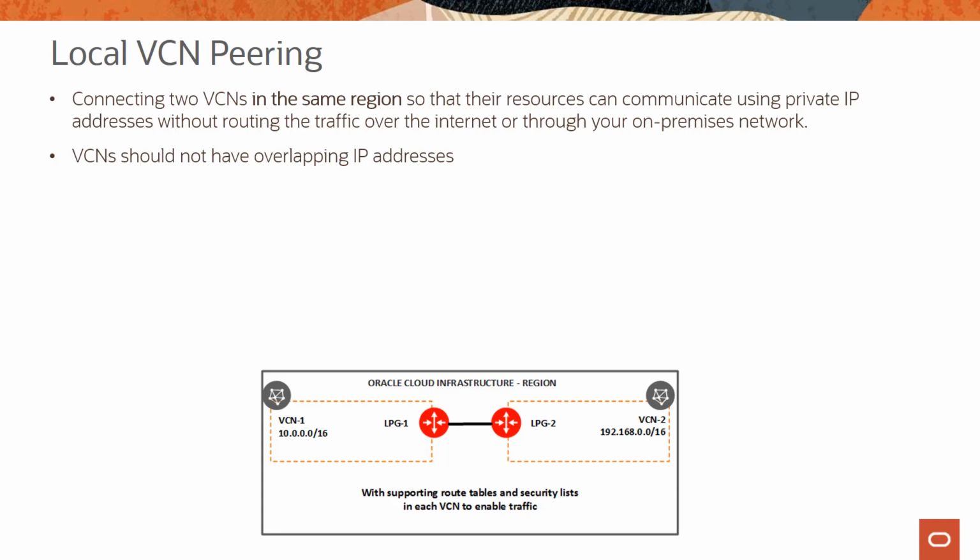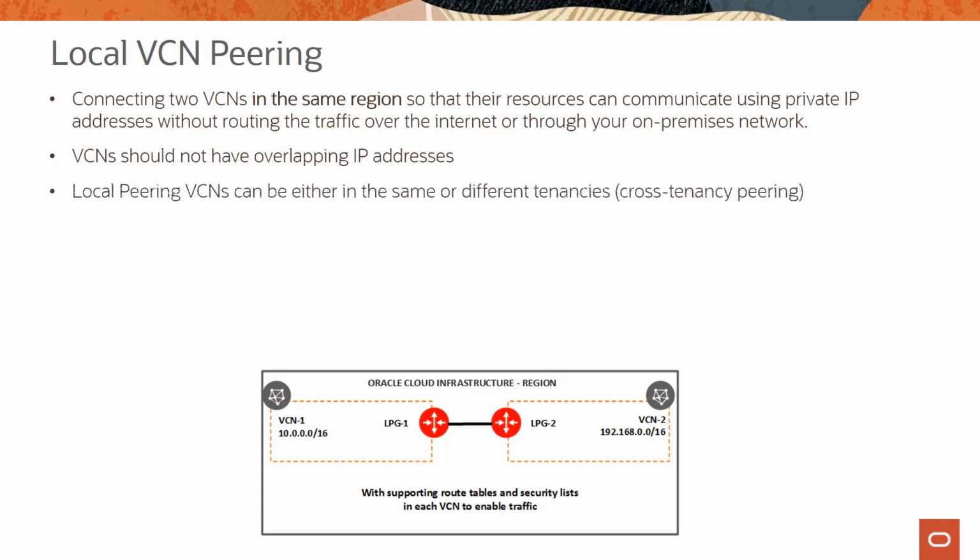It's important to note that these peering VCNs should not have overlapping IP addresses. Also, the peered VCNs can either be in the same or in different tenancies.